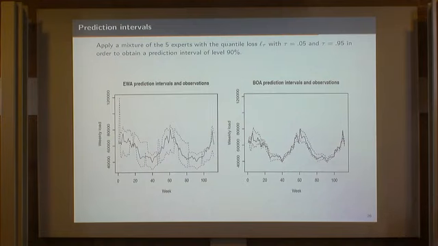But the quantile losses are minimized by experts that predict well the mean, the next observation. And so you can see that at some point, it's as if they change strategies and they start producing estimation of the next value, whereas they should keep on estimating the lower bound of the interval, for example.